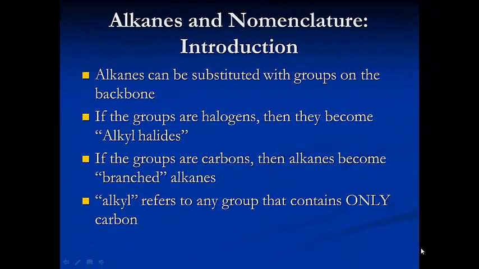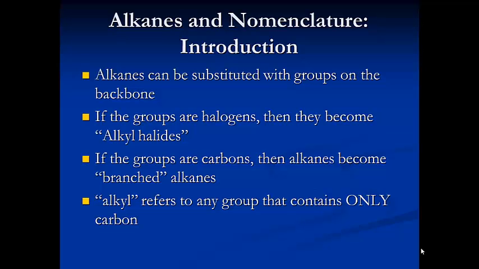Alright, so alkanes can actually be substituted with groups on the backbone. Remember, alkanes are carbon chains that only contain carbon and hydrogen. If you substitute an alkane, meaning if you put some other group on the backbone, if that group is a halogen, then the alkane is no longer just a simple alkane.